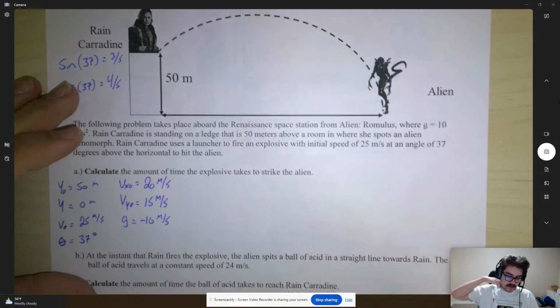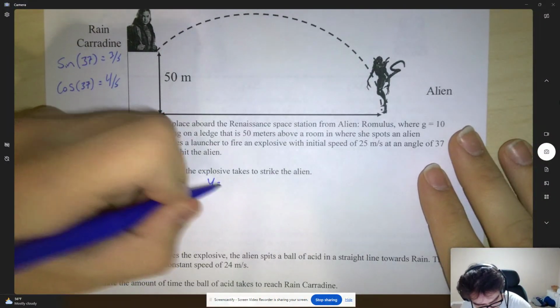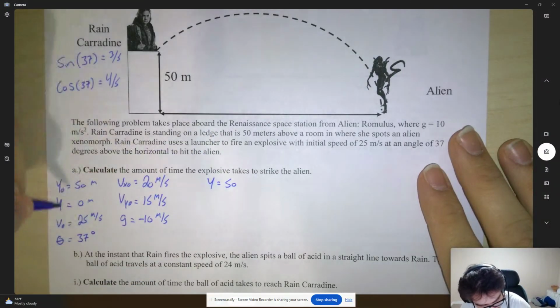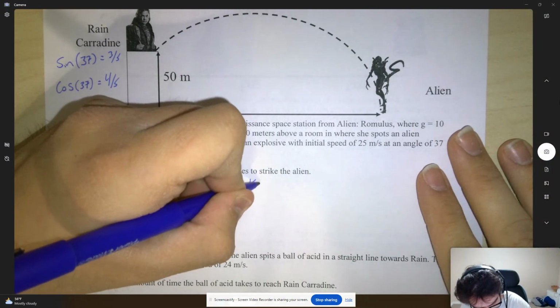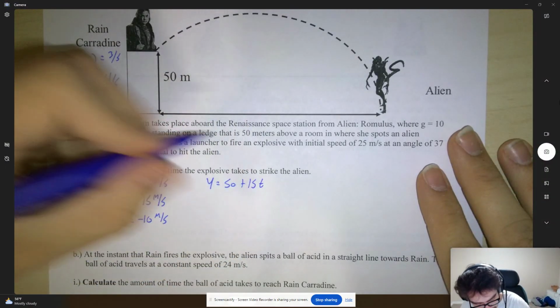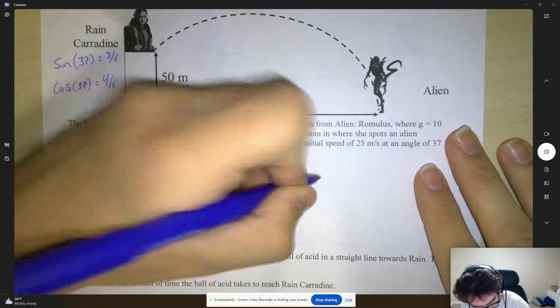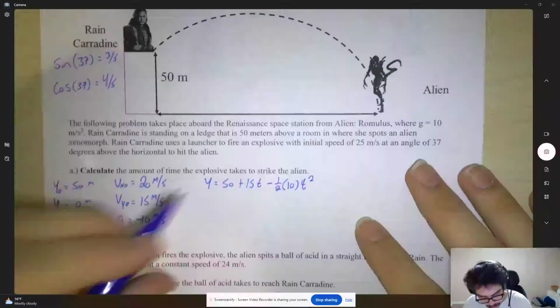So if I set up my y equation, my final y is equal to y naught, which is 50, plus 15t minus 1/2 times 10 times t squared. Go ahead and simplify this a little bit.